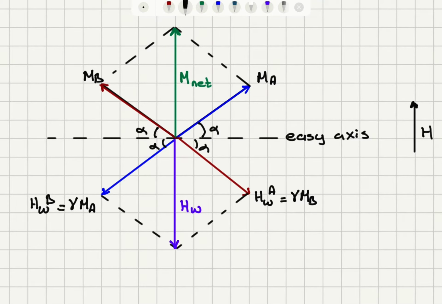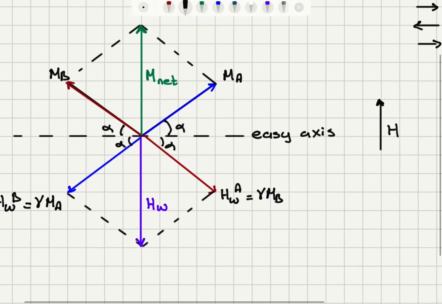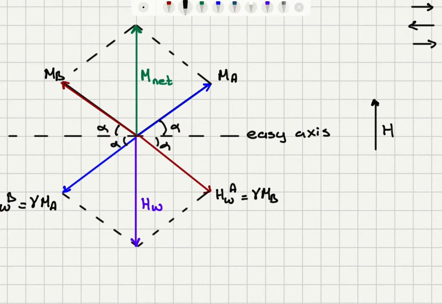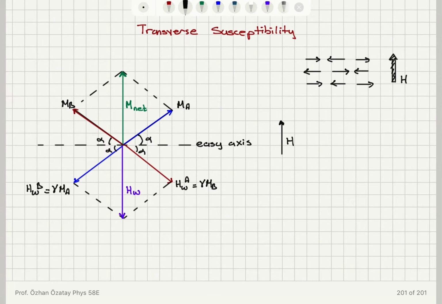So when is the equilibrium reached? When the applied field H matches the total molecular field, there will be no need for rotation, because the net magnetic field acting on the spin sublattices will be 0.